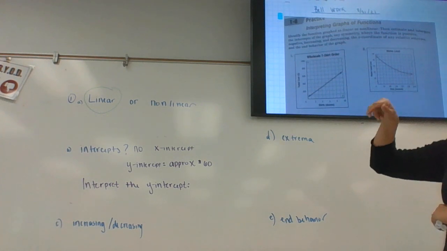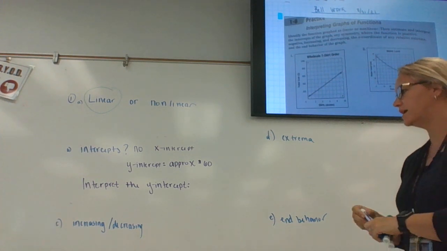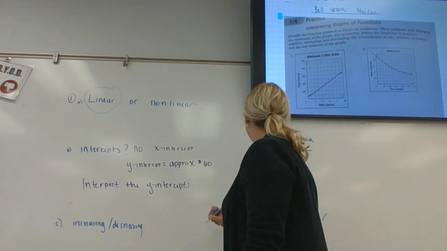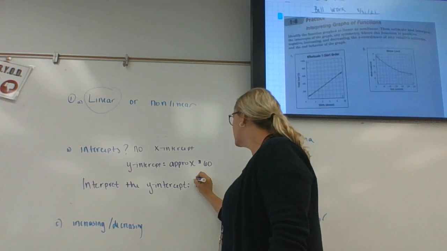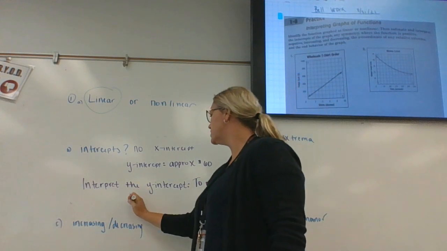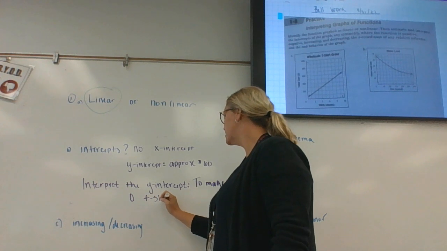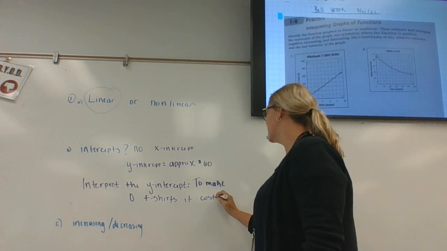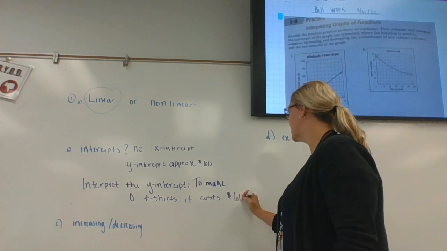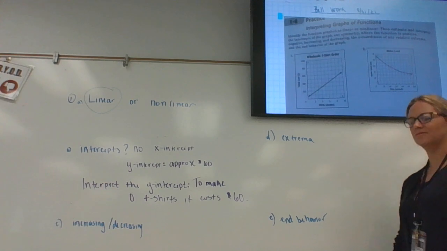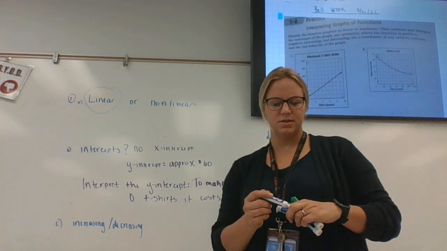Anyway, long story short, the y-intercept: to make 0 t-shirts, it costs $60. That's what we're looking at. Why would it cost money to make 0 shirts?